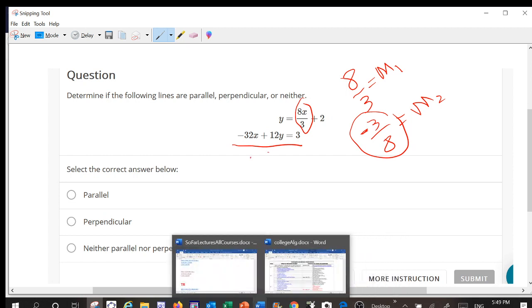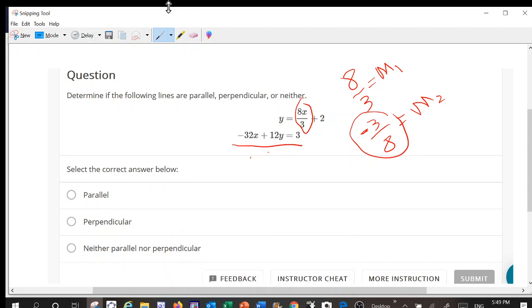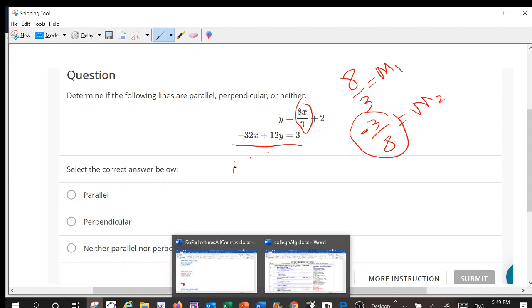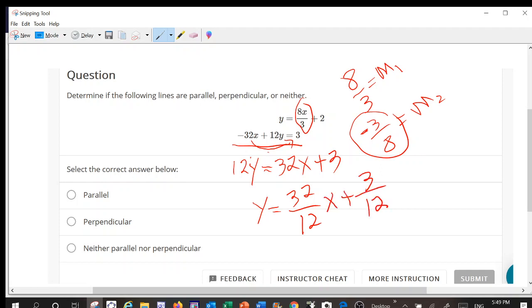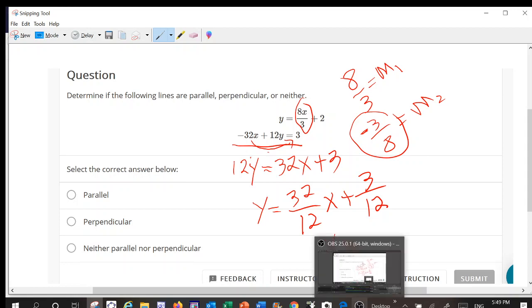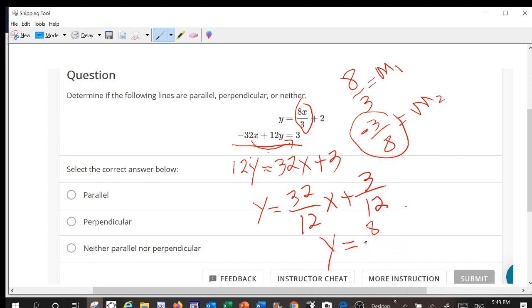So what's the slope of the second one? Well, to find the slope of the second one, we're going to have to isolate y. So 12y equals 32x plus 3. I just moved that 32x to the other side. So y equals 32 divided by 12 x plus 3 divided by 12. Now 32 divided by 4 is 8, 12 divided by 4 is 3.